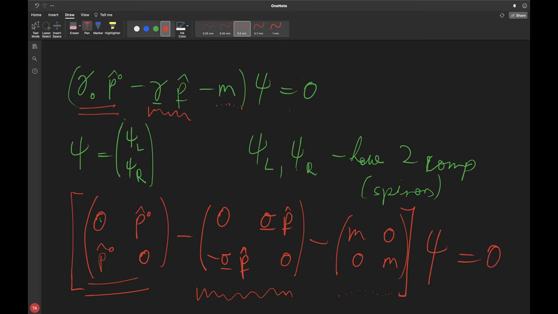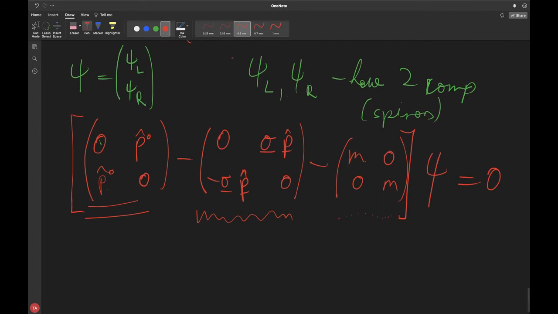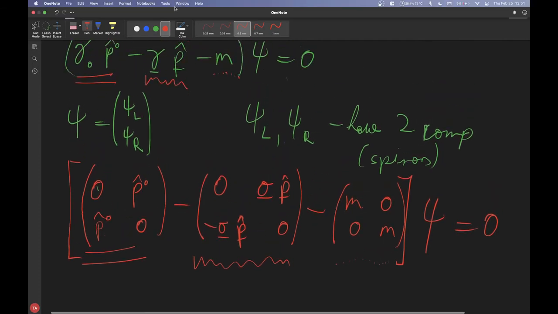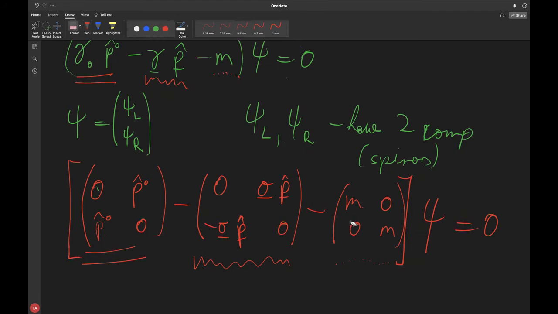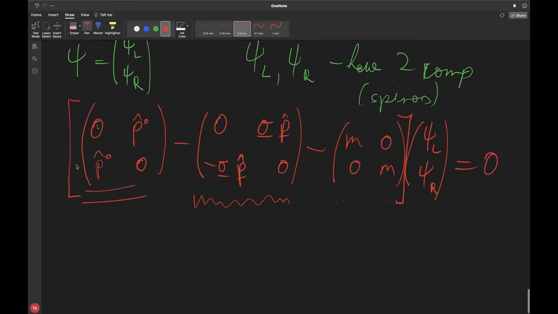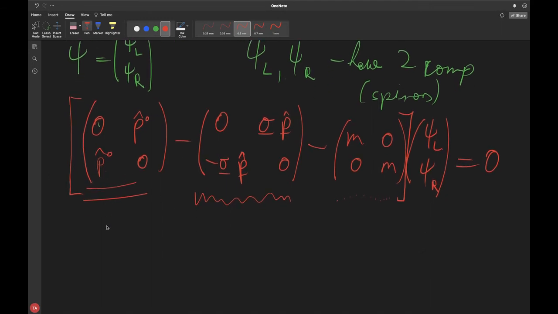So now, because we have this block structure, I could actually also write that this psi is the same as psi left, psi right. So doing the matrix vector calculation here, this leads to two equations.